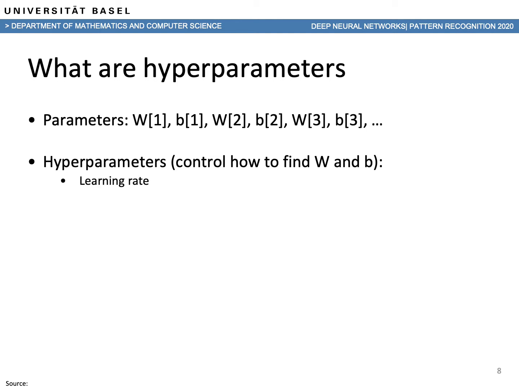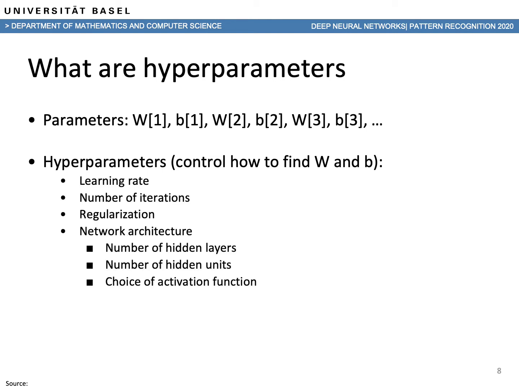So first we have the learning rate, which is the rate controlled in a learning algorithm, for instance in gradient descent. Then we can control how many iterations we want to optimize over. There are different kinds of regularization, which we'll be looking at. You can look at network architecture, where you can have the number of hidden layers, the number of hidden units, the choice of the different activation functions.